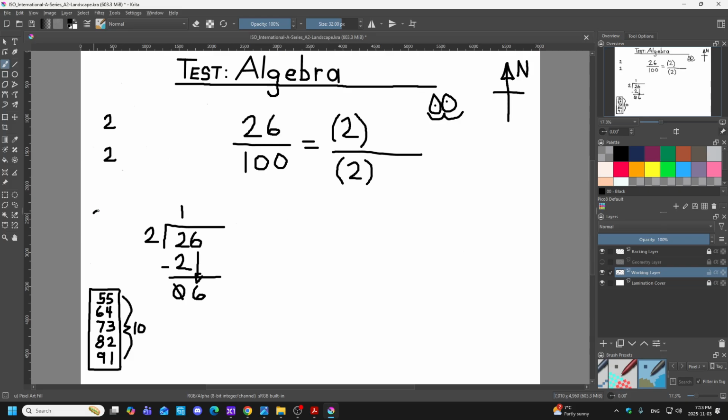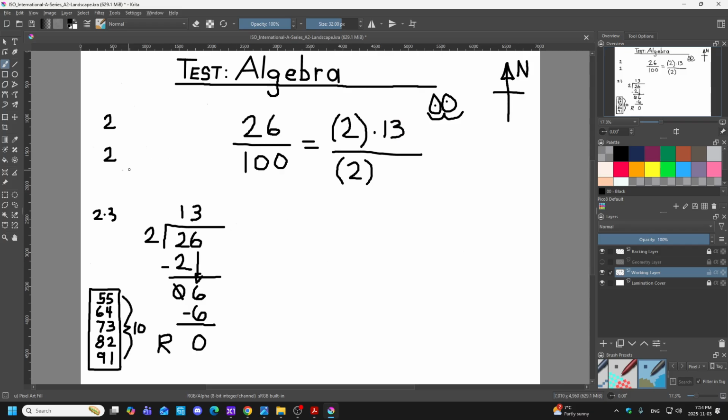That is 3. So we're going to put a 3 here and a 6 here. And again, subtraction. With division, it's always subtraction. We're left with a remainder of 0. That's what we want. So now we know 13 times 2 equals 26.